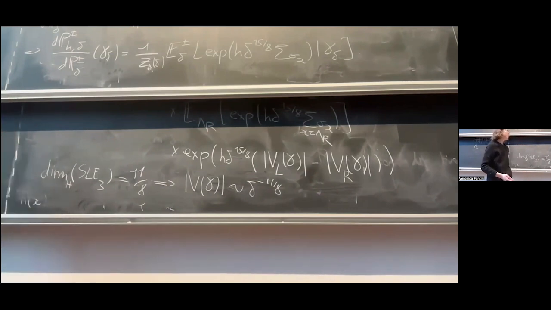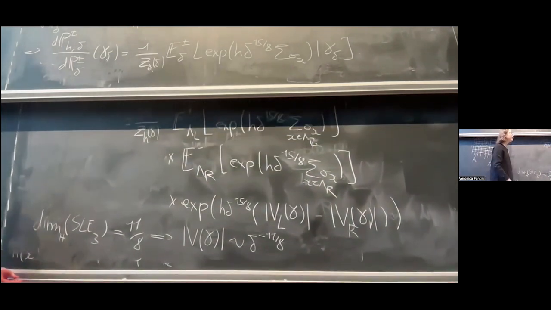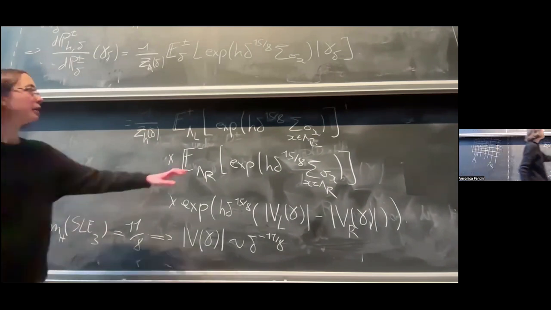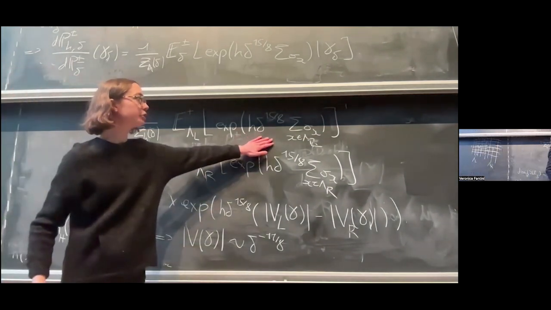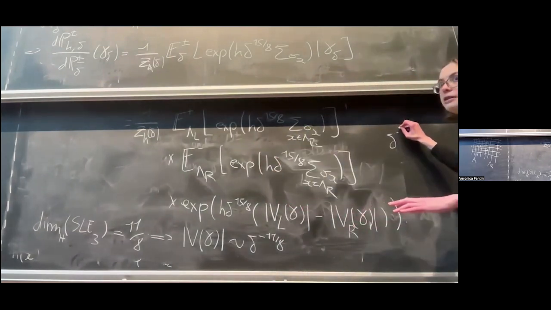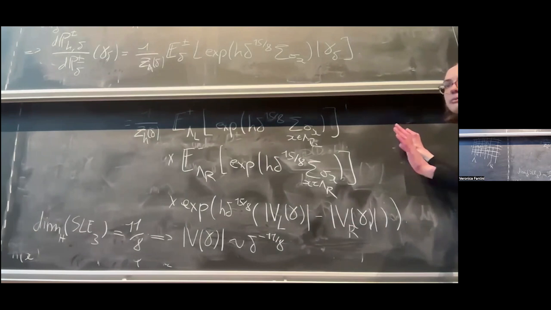So basically, if you do all those steps correctly, then you get the result. The same argument allows you to go a bit away from the boundary. Exactly, because here you will have a divergence of order delta to the minus 1/8. Let's say, in the continuum, maybe it's easier.